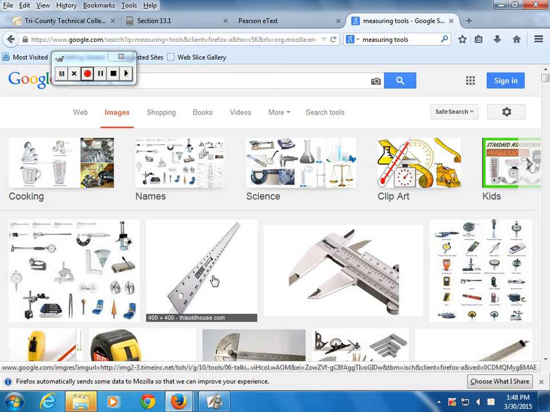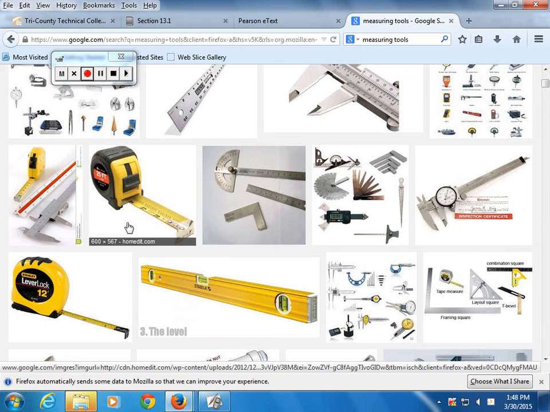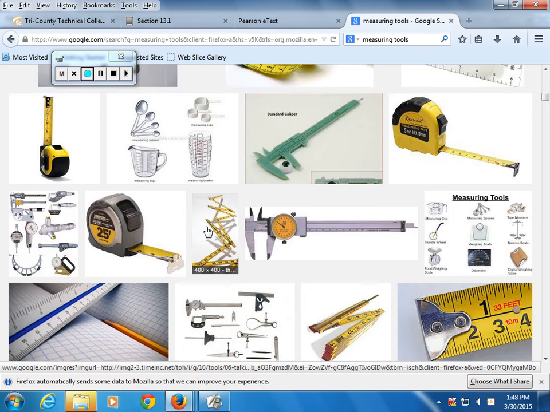Okay, what is that? It's a ruler. What is this? A tape measure. A cloth tape measure. This is a steel tape measure.